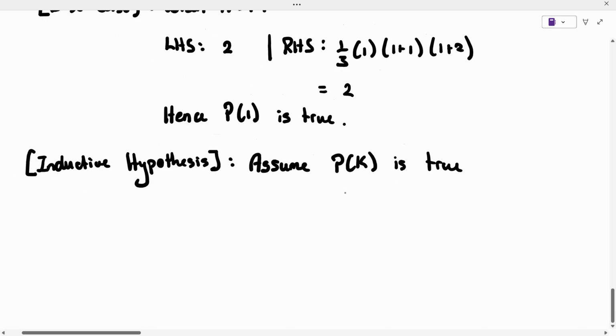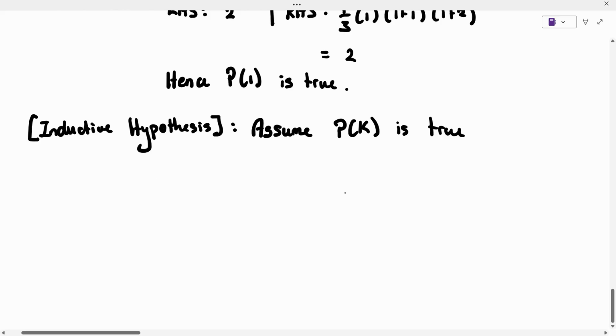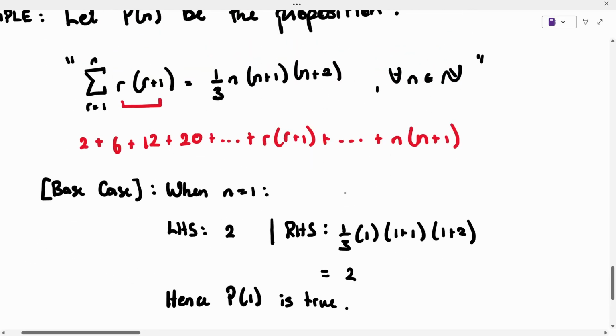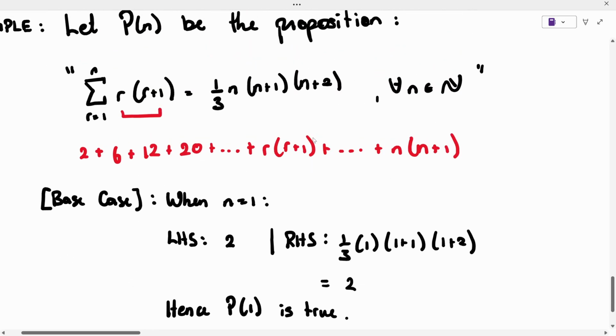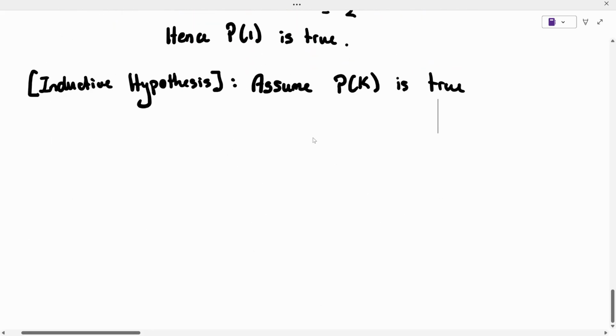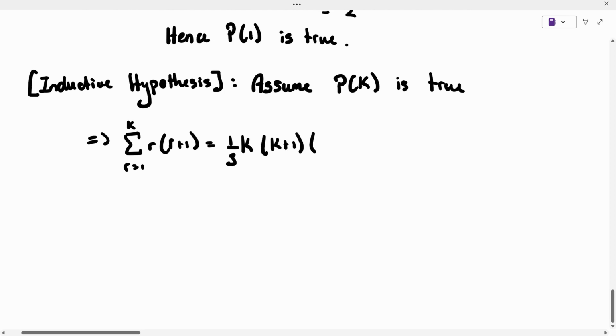All right, so what do we have then? It means anywhere we see n in our original proposition, we're going to put k instead. So this implies the sum from r equals 1 to k of r into (r plus 1) is equal to 1/3 k times (k plus 1) times (k plus 2).